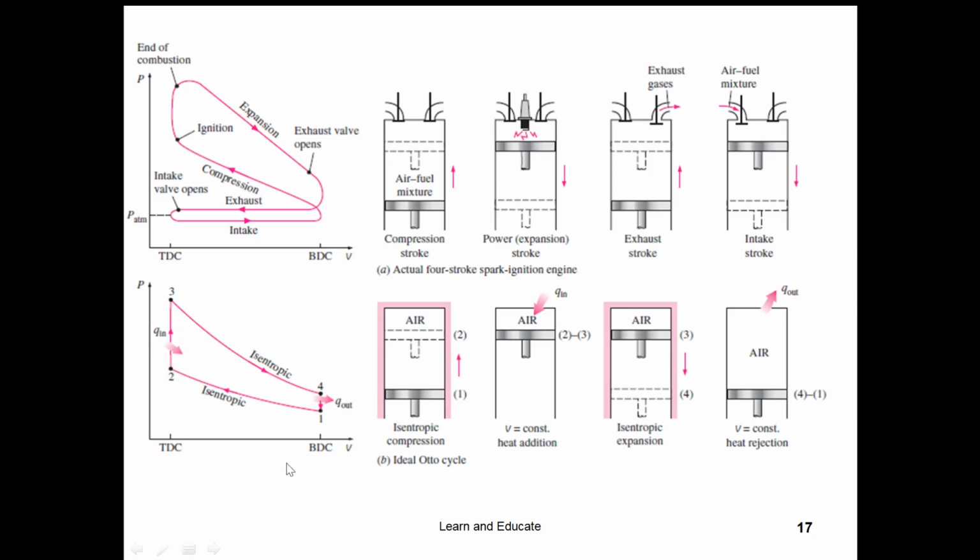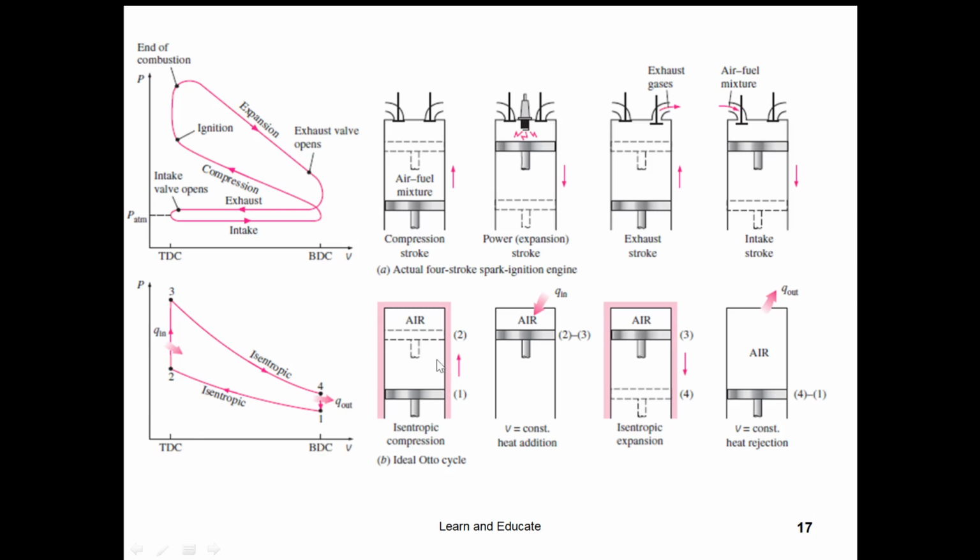Okay, so let us see the ideal Otto cycle first. There are four processes as we have seen from the previous slide. There are two isentropic processes and two isochoric or constant volume processes. In the constant volume processes, heat is added and rejected, and in the isentropic process, the volume is decreased when the piston is moving from bottom dead center to top dead center.